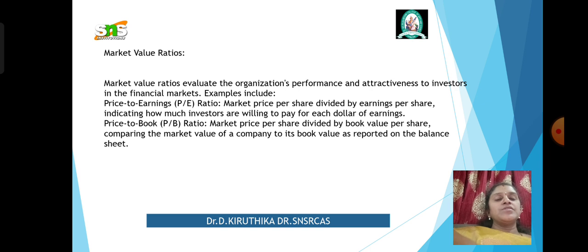The final one is the market value ratios. This ratio evaluates the organization's performance and attractiveness to investors in the financial markets. The market analysis is most important for the longevity of the organization inside the competitive world. So price to earnings, that is the P/E ratio, is the market price per share divided by the earnings per share.